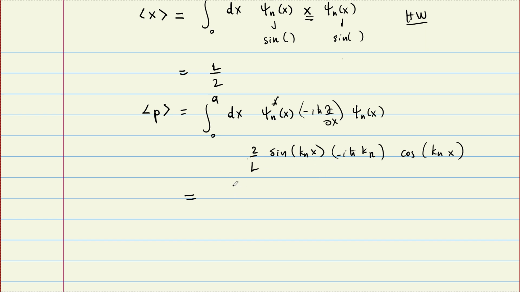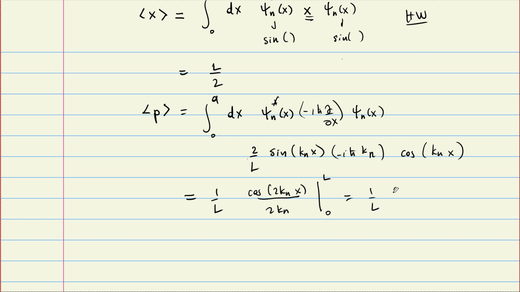This is going to be 1 over L sine 2kn x, but the integral of sine 2kn x is going to be cosine 2kn x over 2kn, and you take it from 0 to L. And let's write what this is.